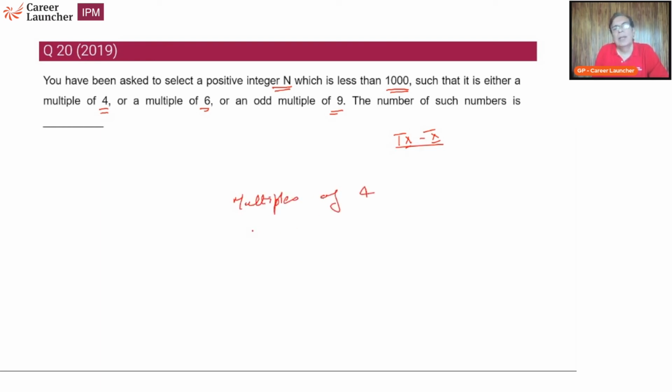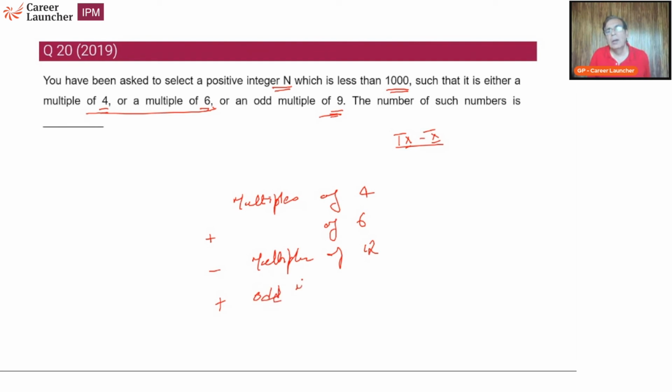Then multiples of 6 minus multiples of LCM of 6 and 4, which is 12. Then you have to look at odd multiples of 9 also, plus odd multiples of 9, isn't it? It will take you time. Yes, it will take you time. Maybe 3 minutes, maybe 4 minutes, not an issue at all. This is a question you should be attempting.